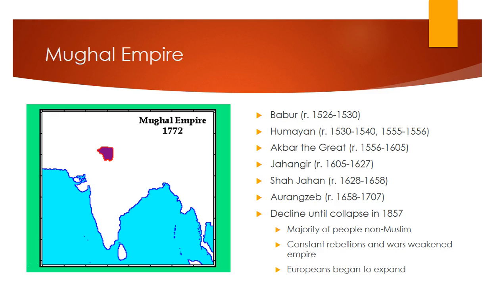And as the Mughals declined, European influence and territory expanded. So remember, we saw how Aurangzeb had pushed all the way down here. So the Mughal Empire pretty much controlled this whole area here. By 1772, they were limited to just this small little area. Just 65 years after Aurangzeb.